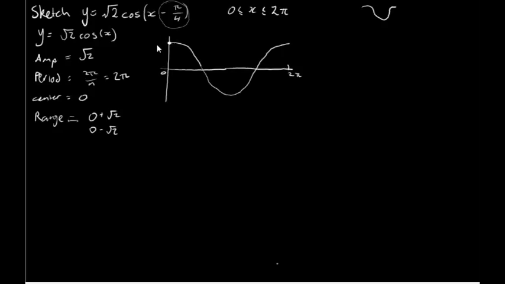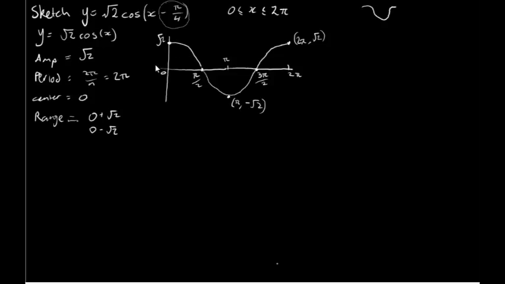So our first one, we start at the positive square root 2, because that's our maximum. Down here, it's halfway, so we're at pi. So this is going to be pi, negative square root 2. In here, it's halfway between 0 and pi, so we've got pi on 2. And here, we're going to have 3 pi on 2. Our final point is at 2 pi, square root 2. So that's the function for square root 2 cos x.